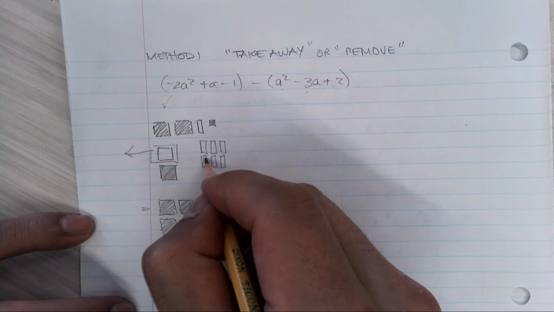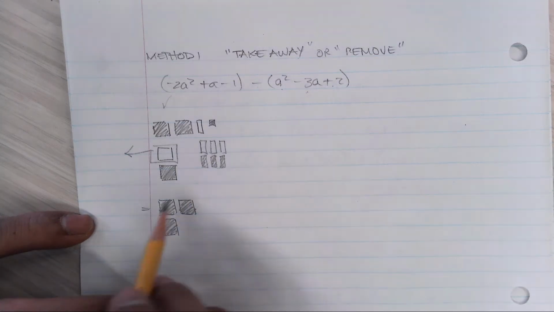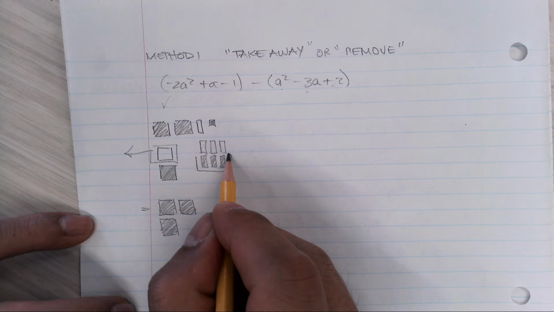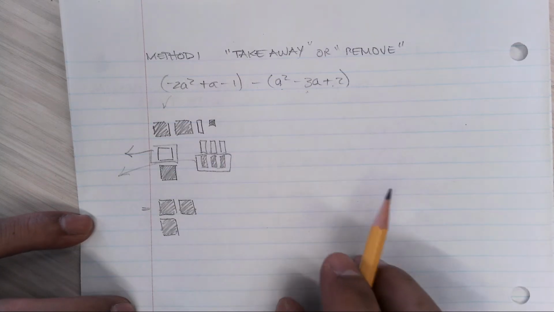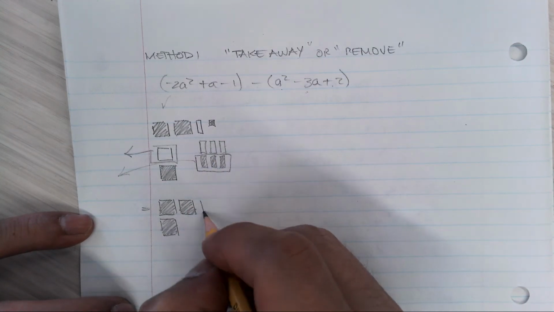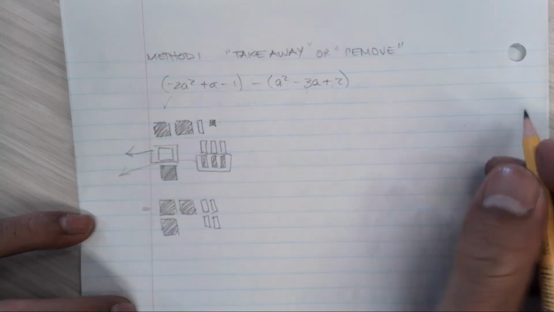Here they are. These are 0 pairs. But at least now I can take away these 3. Okay, I'm just going to remove that, and I'm going to draw what I have left over. I have 1, 2, 3, 4 positive a tiles now.